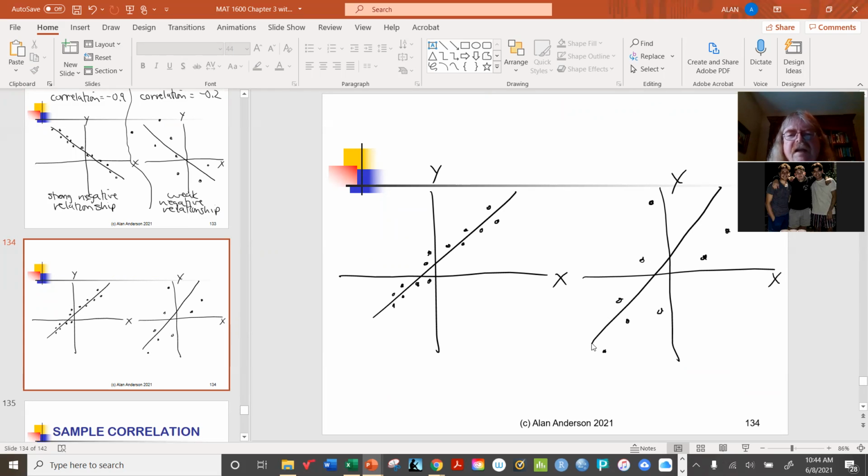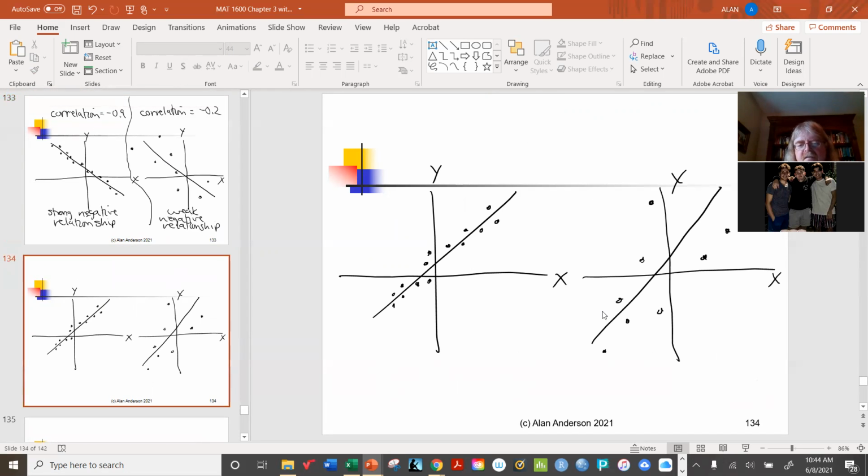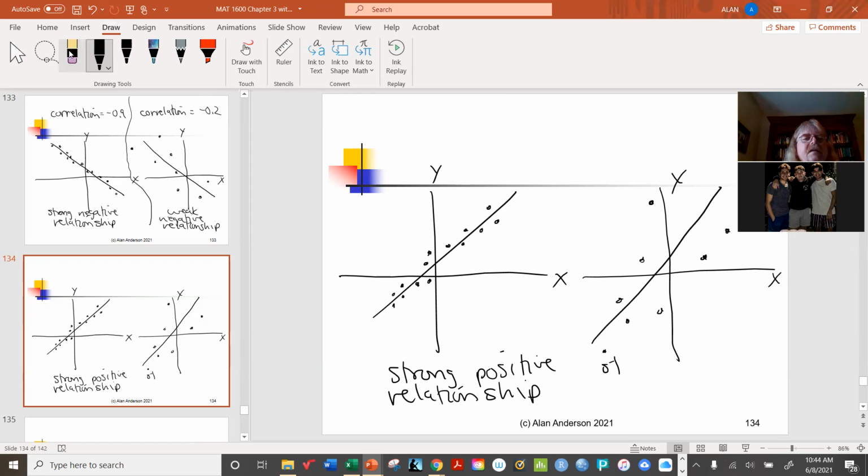All right, so the one on the left is clearly a strong positive correlation or strong positive relationship. And this one obviously is a weak positive relationship.